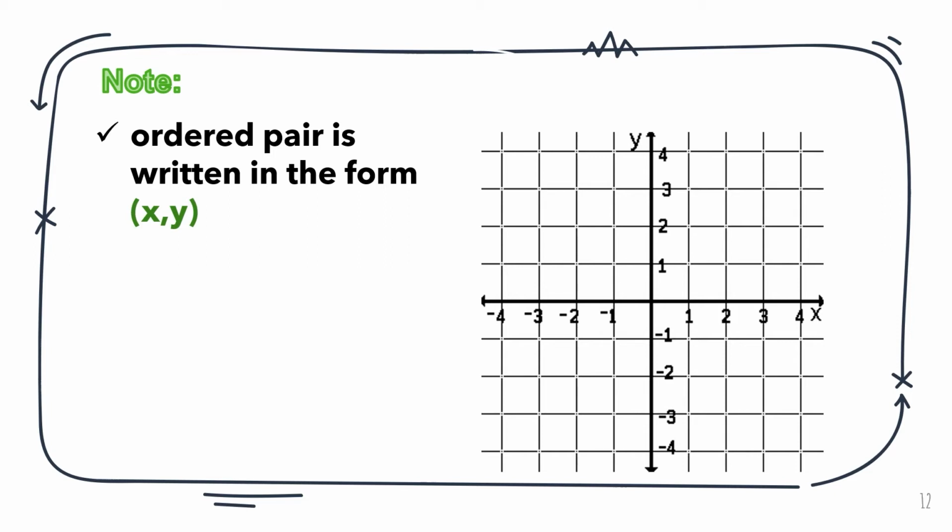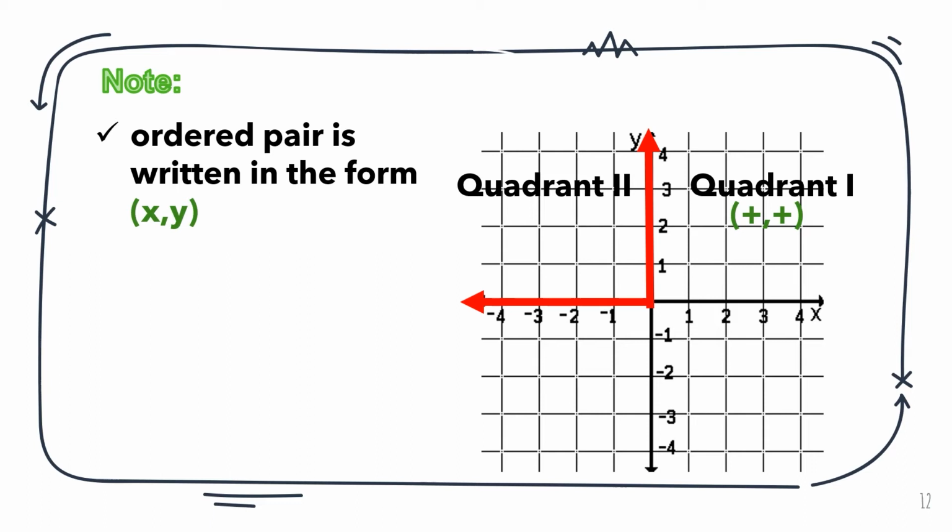Here are the signs in every quadrant. For quadrant 1, x values are on the right side and y values upward. So the sign is positive, positive. For quadrant 2, x values on the left side, y values upward.